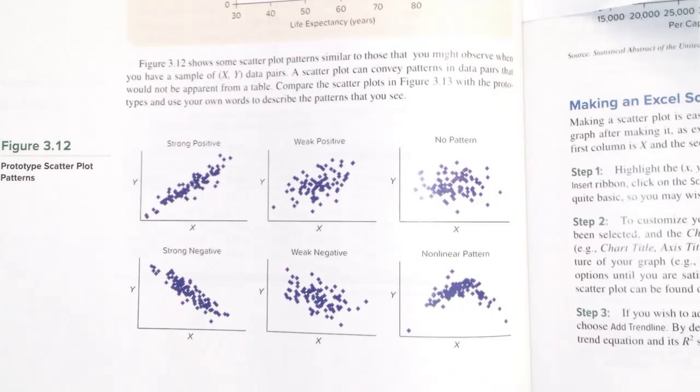There's something called a line of best fit or a regression equation. We'll discuss that in chapter 12 in more detail, and we'll be able to quantify how strong versus weak looks by looking at the distances from that line or curve of best fit. Now, in Excel, it's actually easy to do this.